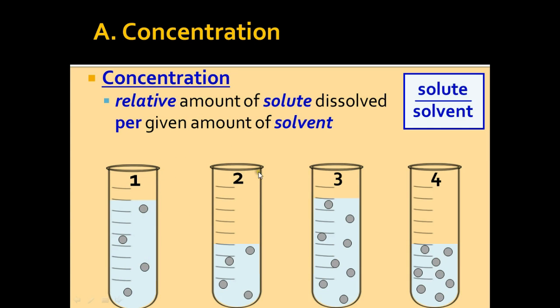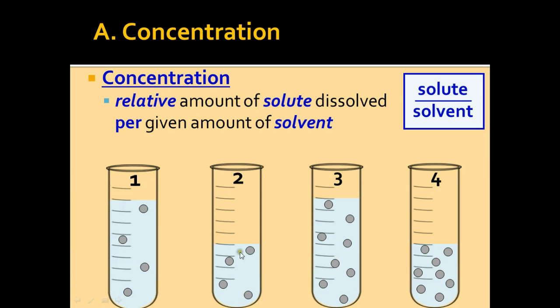Then we go to test tube 2, and it has 4 dots for 4 hash marks. So the solute to solvent ratio is 4 to 4, or 1 to 1. This is definitely more concentrated than the first one, because look at how much water we have in both of these, and they both have the same number of solute molecules. Because the first one has more water, it's less concentrated.